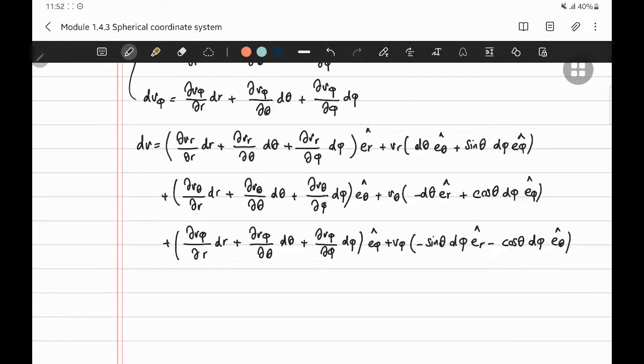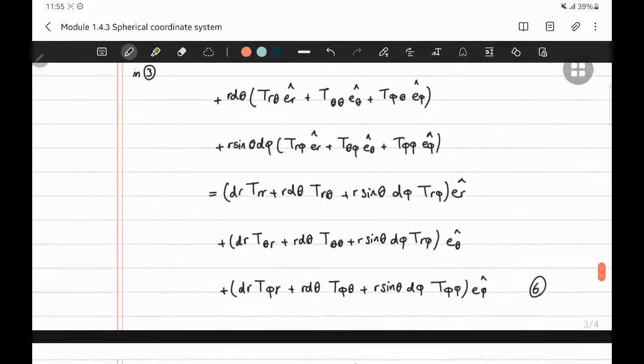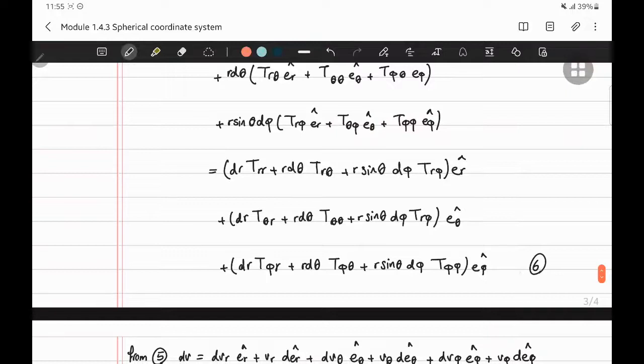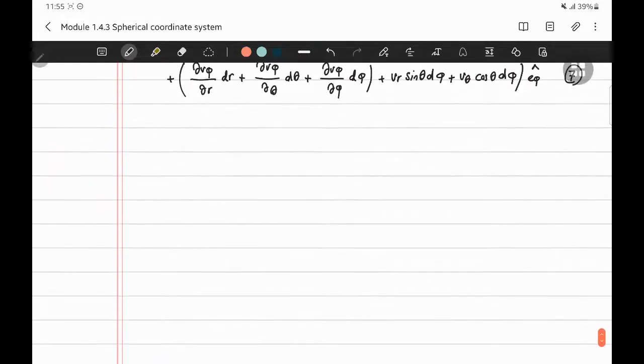Now I have my dv here, and I need to further simplify this because I have e_r here, and also e_r here and here. So I rearrange all the terms in this form, and I call it 7. Now I need to compare this expression 6 and this 7 here.